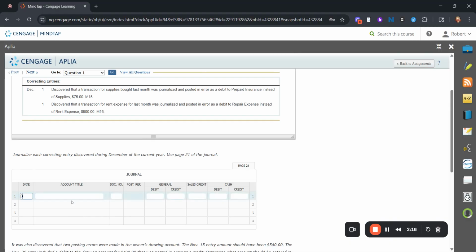We'll put the date that it was discovered here, December 1st, and post it to the proper account, supplies. Our doc number is M15, memo 15.